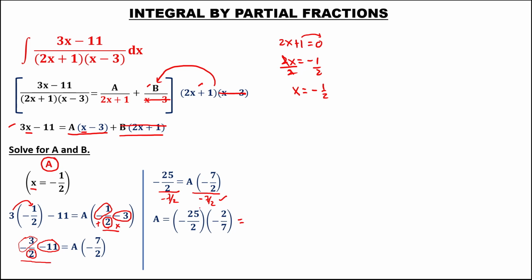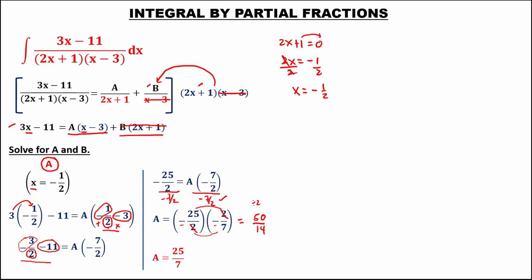Then you multiply; negative times negative becomes positive. 25 times 2 is 50, over 2 times 7 is 14. Then we reduce, divisible by 2. So therefore A equals 25 over 7. Or you can do this method, just cancel these 2, so we have 25 over 7.